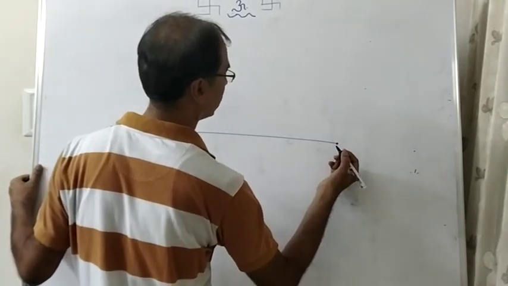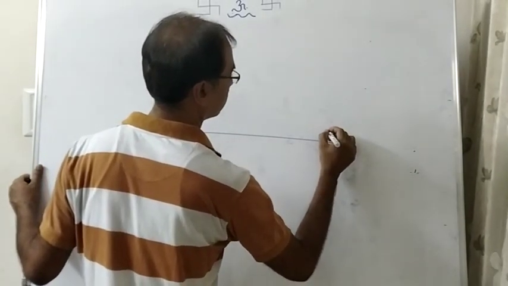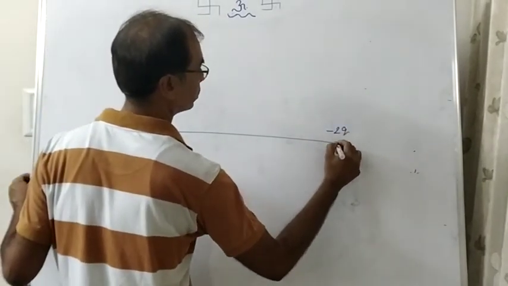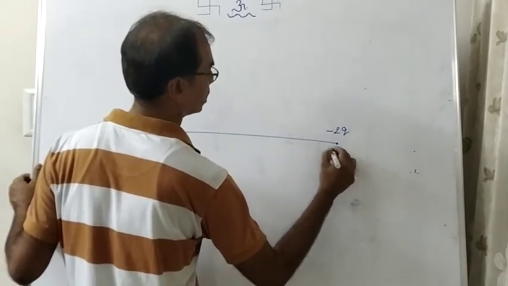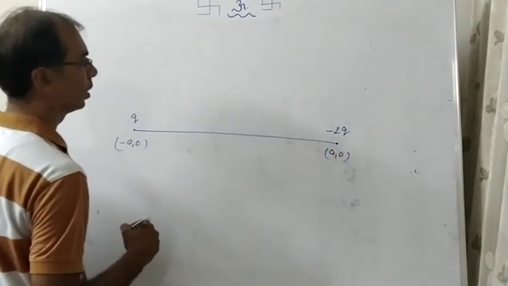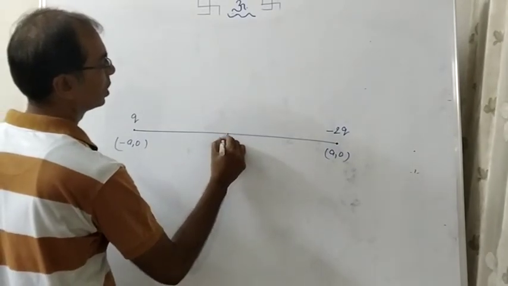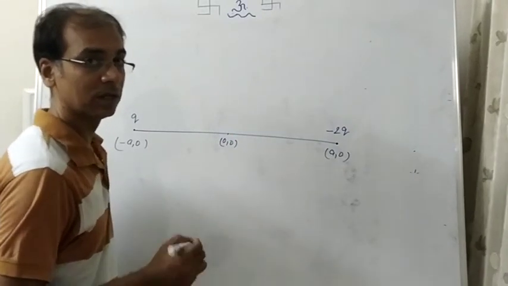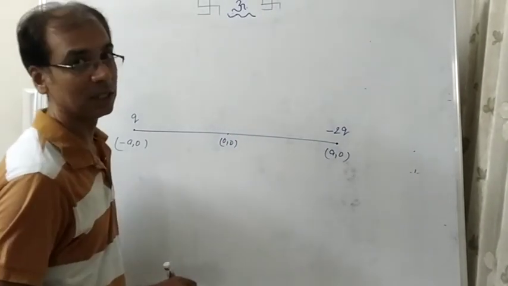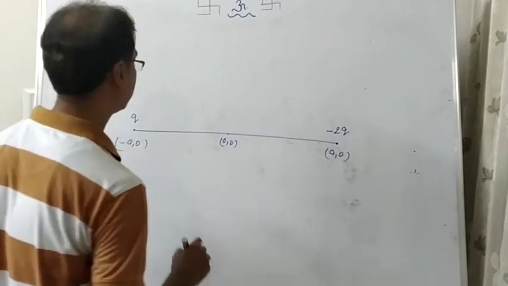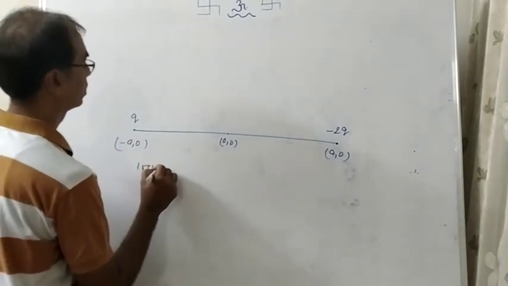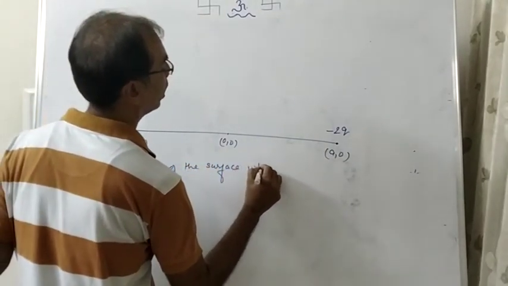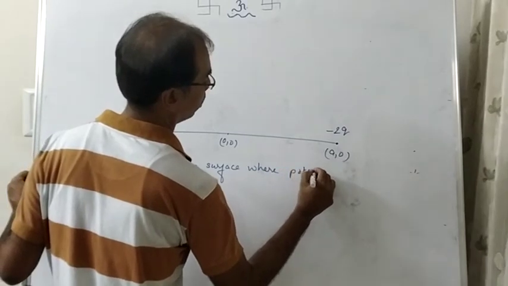Another charge we are going to keep is minus 2q at a comma 0. Somewhere here is the origin, and we want to find the locus of the surface where the potential is 0.